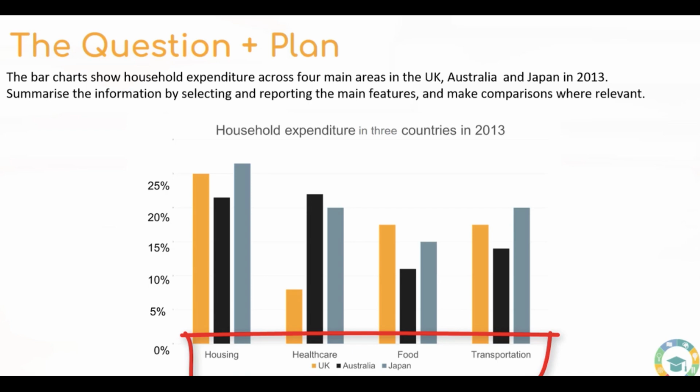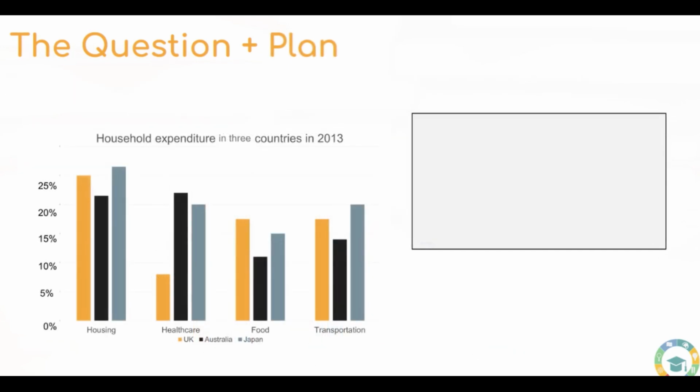Underneath this, we can see the 3 colour-coded countries, which is in orange the UK, in black Australia and in grey Japan. So I've got a better understanding about the big picture of what the data is showing me, but I haven't yet really looked at specific figures.